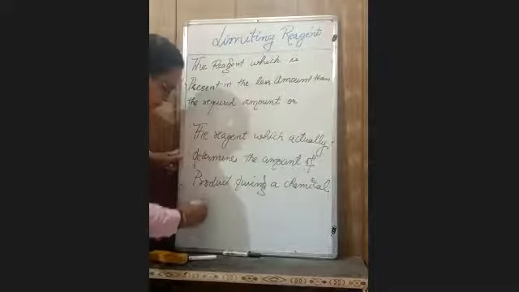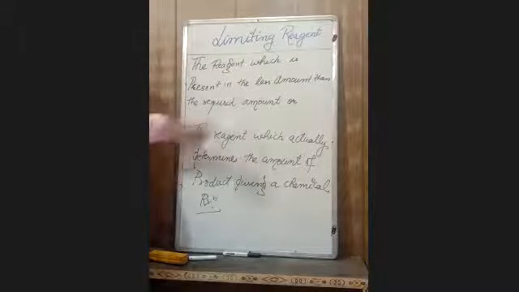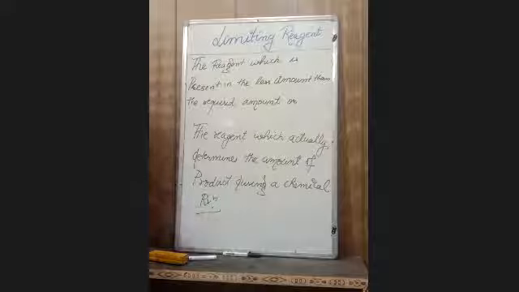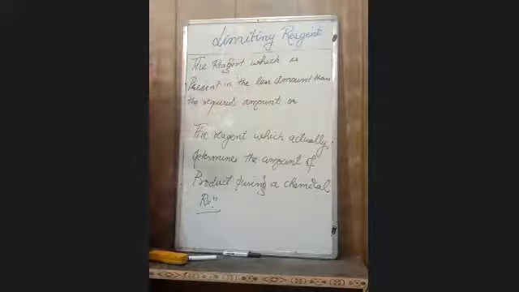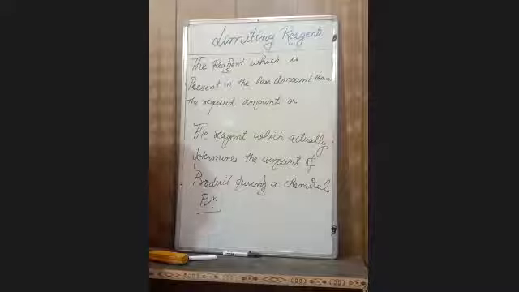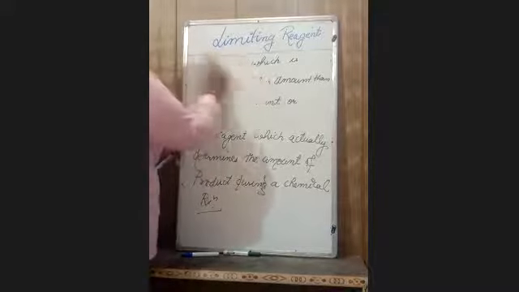I am giving you a very simple example of daily life. The reagent which actually determines how much product will be formed during a particular chemical reaction is your limiting reagent. Suppose I told you to make 1 cup of tea and your mother has told you the ratio of different constituents present in a tea.